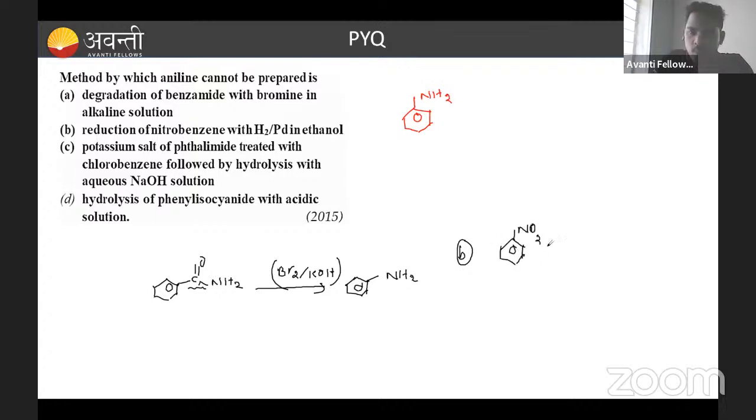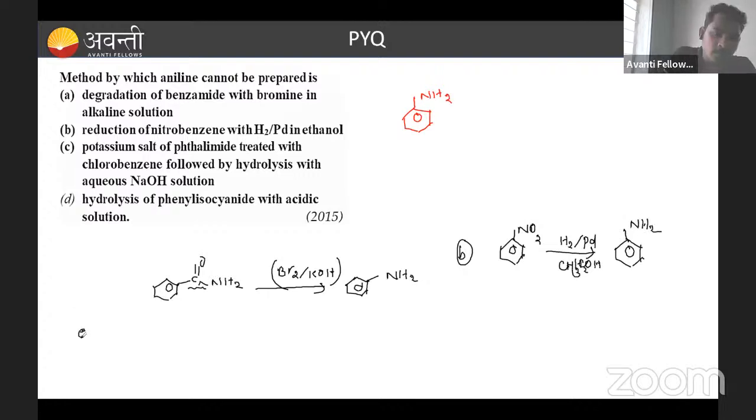We try to reduce it with the help of hydrogen and palladium in ethanol, CH3CH2OH, H2, in this medium. So you know this can reduce this into amines. The nitro group can be reduced to an NH2 group by hydrogen and palladium. So we can have aniline here also. Now let's see the third one.